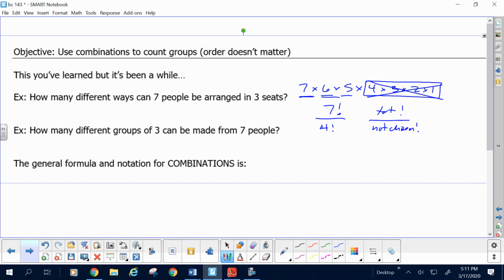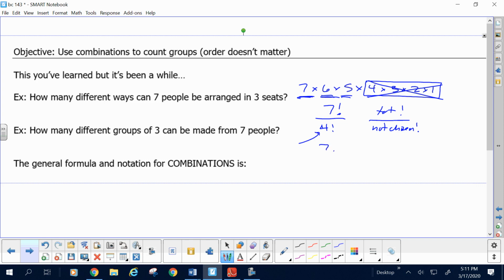Now, if I said how many different groups of 3 can be made from 7 people, this is assuming order matters. So I have 7 different people I could put in that first seat, and I want to count them different depending on arrangements. But if I talk groups, then I want to remove the ways that once I have those 3 people, I could rearrange them. So that's further remove them from what I've already done.